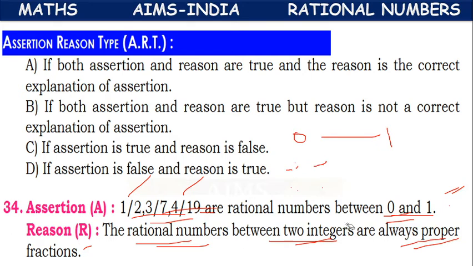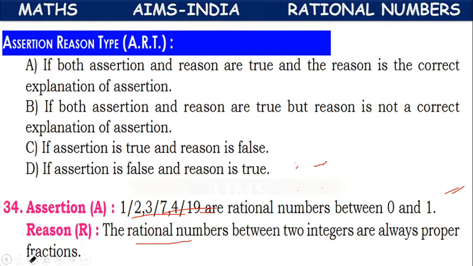Suppose let's take one rational number. Here is 0, here is 1, here is 2. This unit part, the 1 to 2 part, we are dividing into 3 equal parts: first part, second part, third part. Now the second part, its representation is 2 by 3, counted from 1.